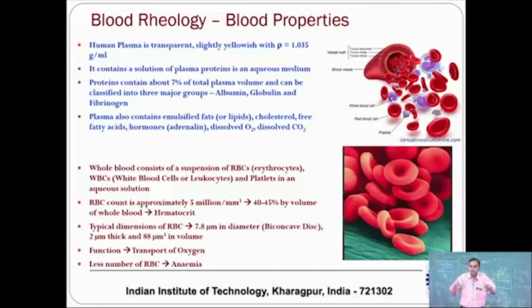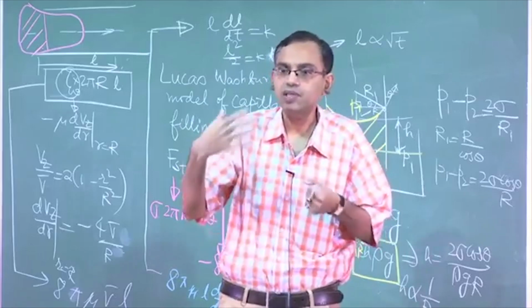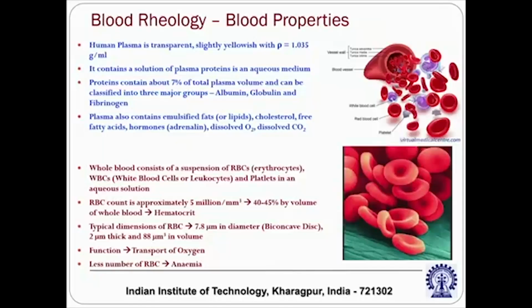Under shear this biconcave disc shape is disrupted, and there is a shape variation of the red blood cells, which can alter the dynamics very interestingly. Therefore the rheology of blood is such that shear alters the effective viscosity. Effective viscosity is also a function of shear in blood.